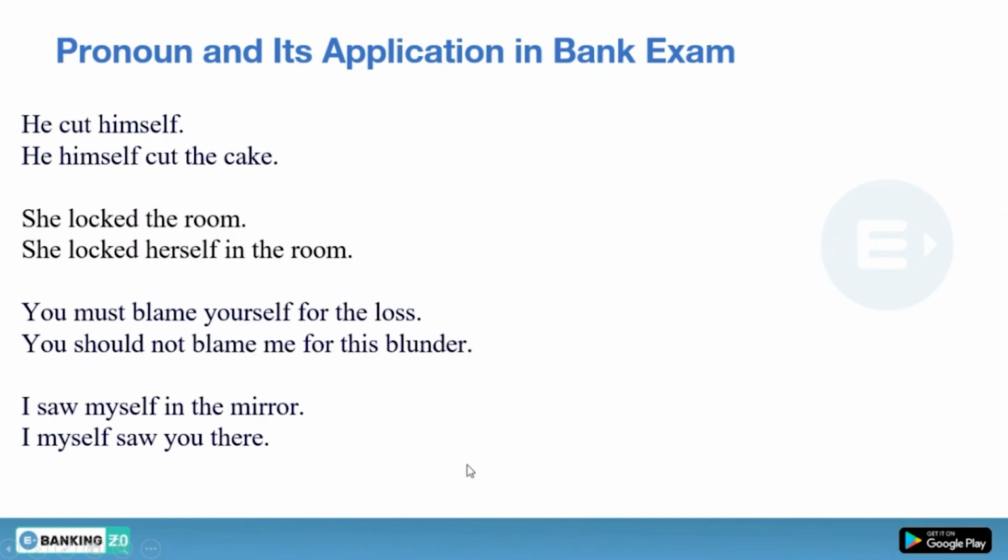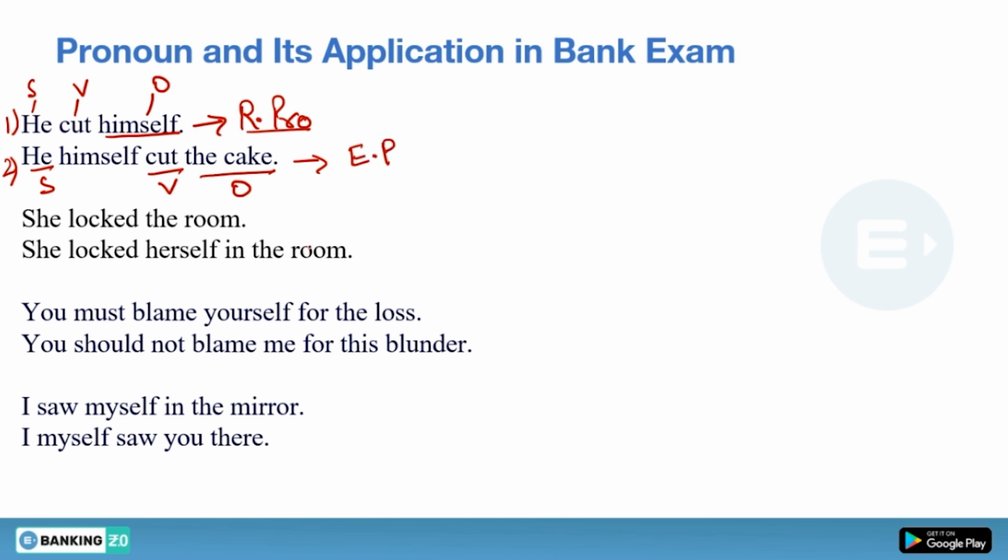All right, now we have some more examples to understand the difference between these two pronouns. Okay, first sentence we have is this: he cut himself. He is the subject, cut is the verb, himself is the object. So whenever we have himself as object, this is the reflexive pronoun. And if we say he himself cut the cake, he is the subject, cut is the verb, the cake is the object.